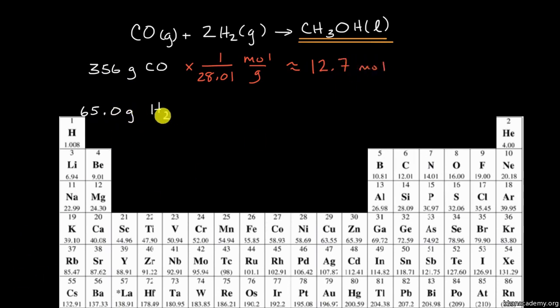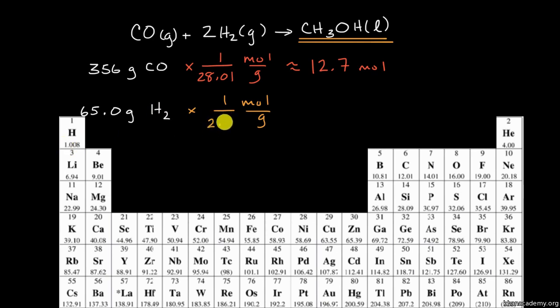And then we could do the same thing for the molecular hydrogen. Here, for every 1 mole, what's our molar mass of our molecular hydrogen? Well, each hydrogen atom is 1.008 grams per mole, but each molecule of hydrogen has 2 hydrogens in it, so it's going to be 2 times this.